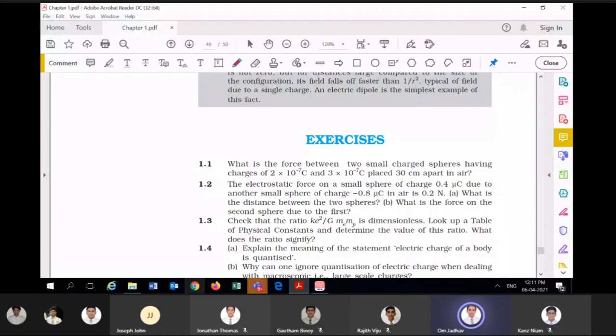What is the distance between the two spheres? What is the force on the second sphere due to the first? Which formula will you apply here? Identification of the formula is important, please. I gave you the formulas, one of them will work.